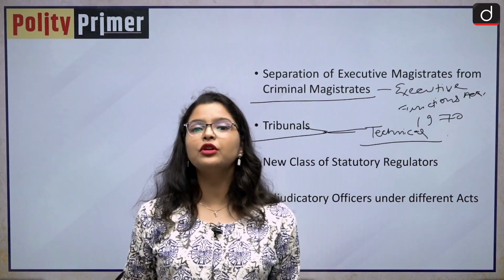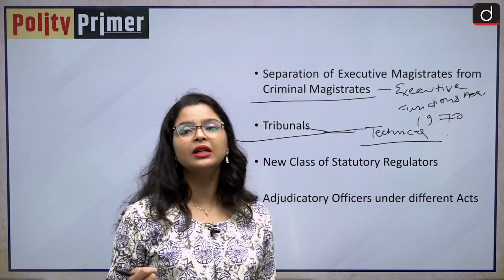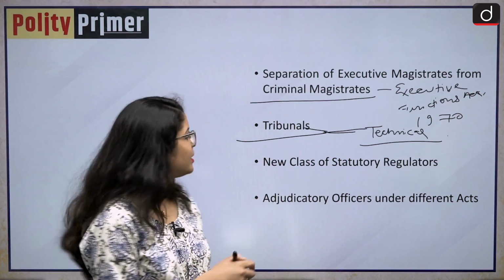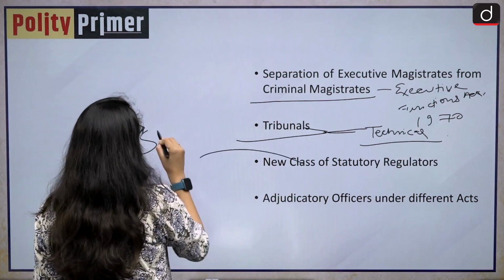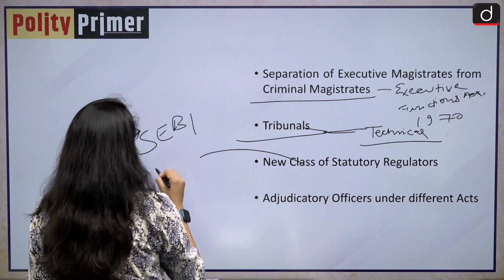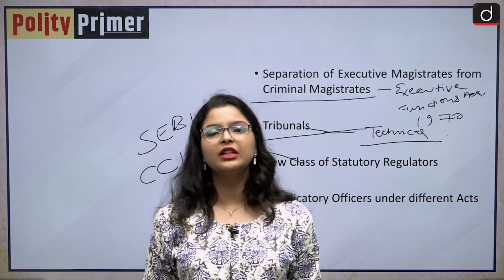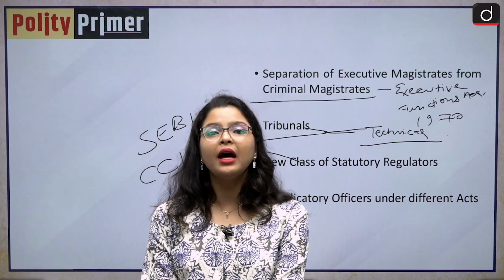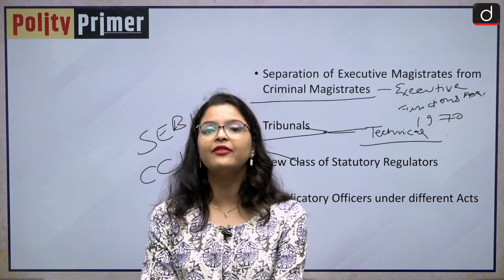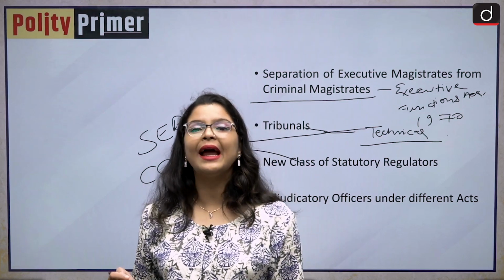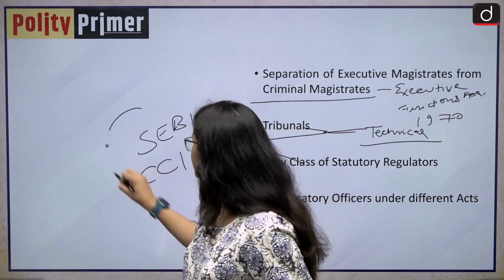Then the bureaucracy has also laid down certain statutory regulatory authorities such as SEBI and the CCI. The Securities and Exchange Board of India and the Competition Commission of India have the power to impose penalties on private players. And these bodies are often headed by senior bureaucrats.